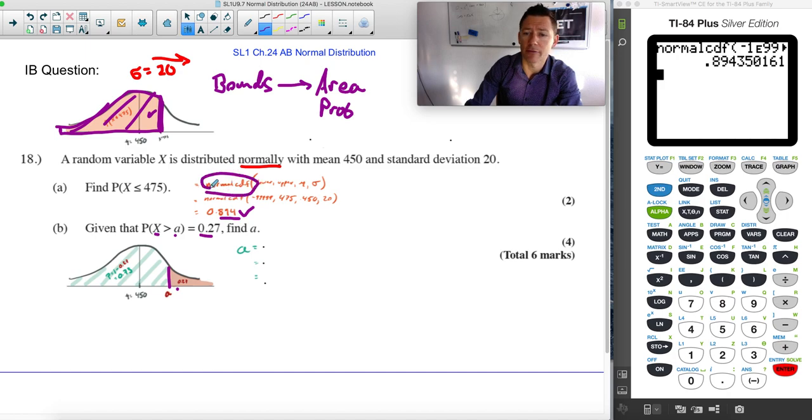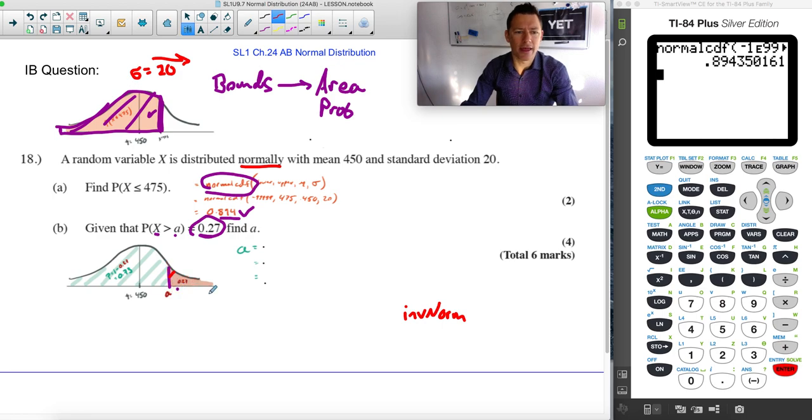That's normal CDF or normal PDF. This is working backwards. So we've got to do the opposite, the inverse. So we've got to talk about the inverse norm, the inverse of normal CDF, right? And we're going to put in the area we want, and it gives us the boundary.